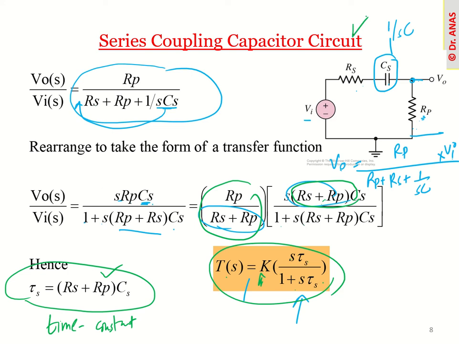So for the series coupling capacitor circuit, the transfer function is k times s tau divided by 1 plus s tau. So here we have one zero, and we have one pole at that location, and this is the k value.